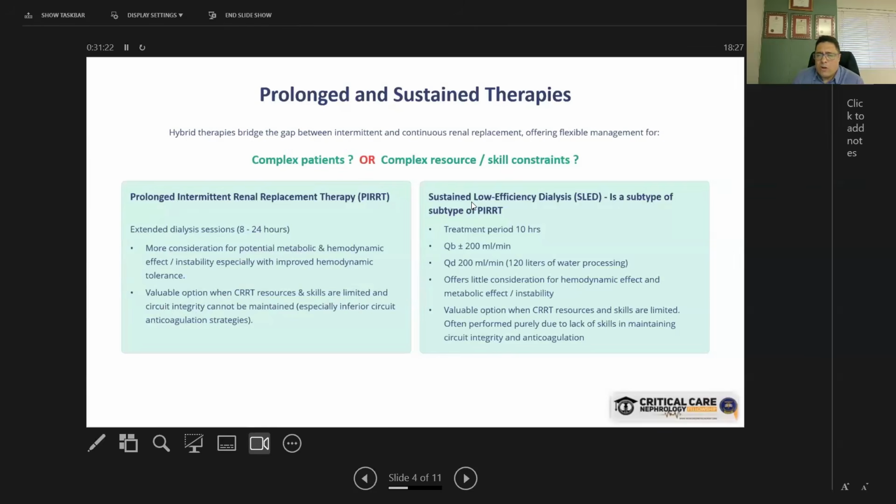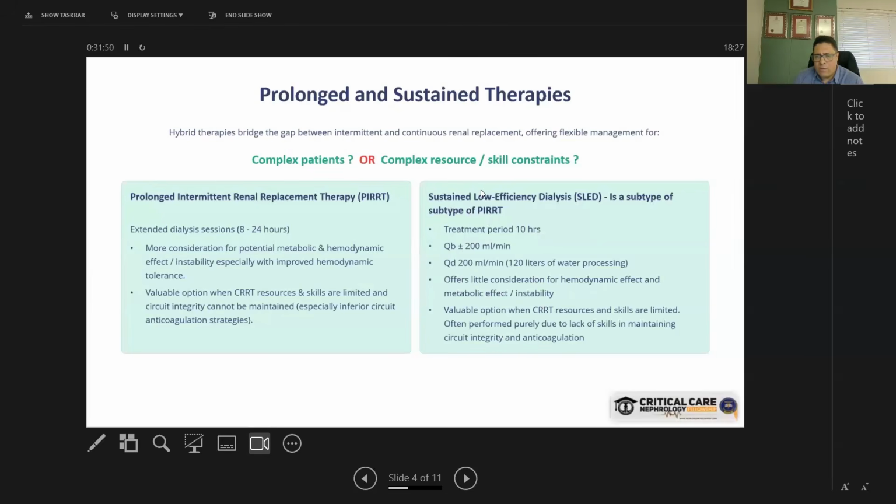The same, I would argue, goes for sustained low efficiency dialysis therapies, which is really just one type of prolonged intermittent therapy. Typically, it's given over 10 hours with low pump speeds and low dialysate speeds. But because you are forced into giving your patient a very short period of therapy, you're offering the patient very little consideration for the hemodynamic effects that are going to come from you doing that therapy in such a short and rapid period of time.